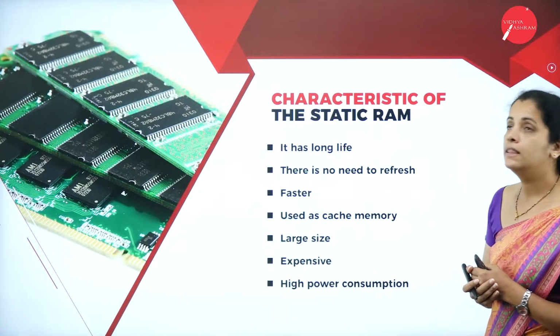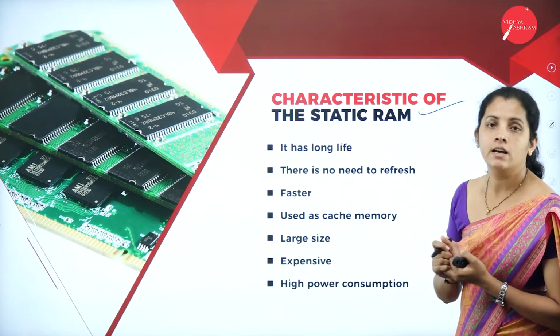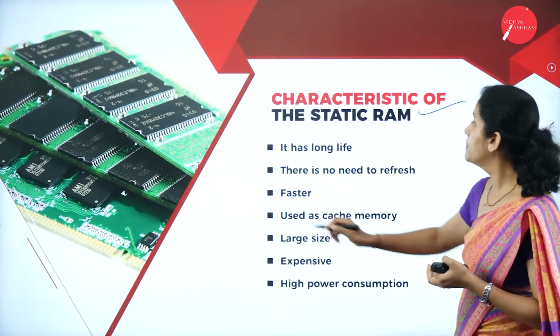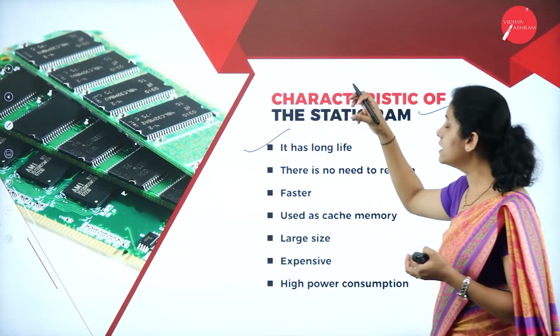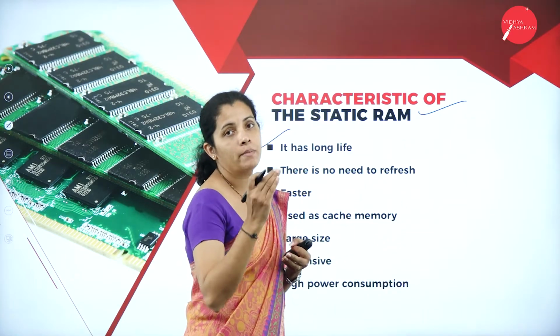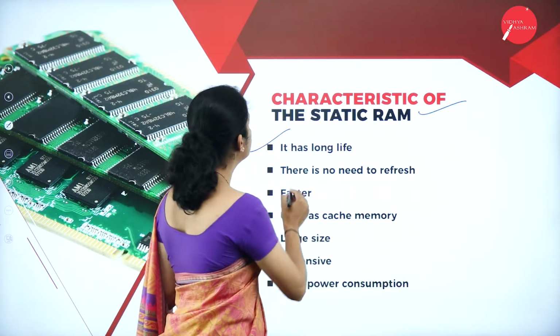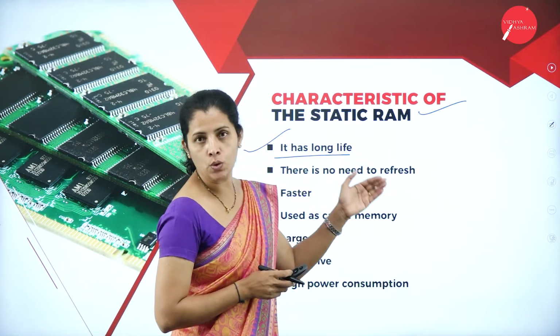Moving further, let's see the characteristics of static random access memory. That is, it has a long life. That means whatever content is stored on the static random access memory has a long life, and there is no need to refresh.